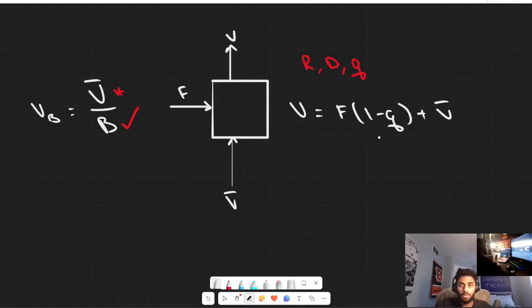So now, essentially we have this V bar is equal to our feed, 1 minus Q, minus V.